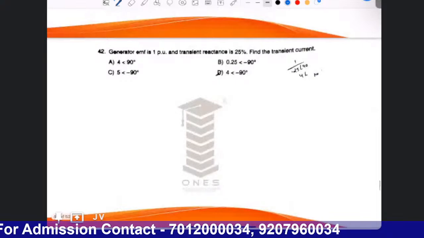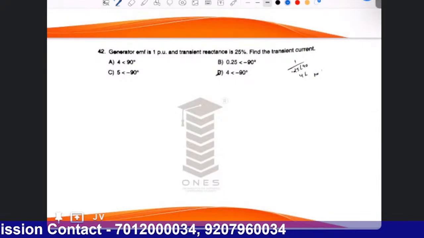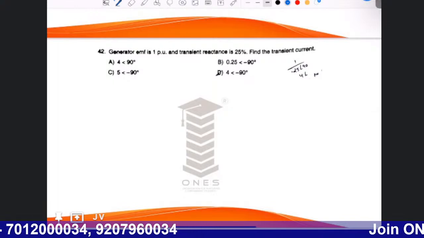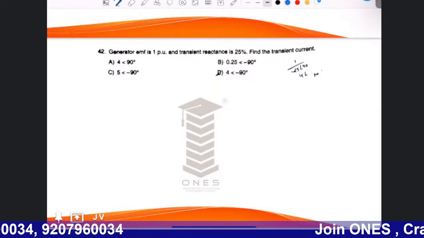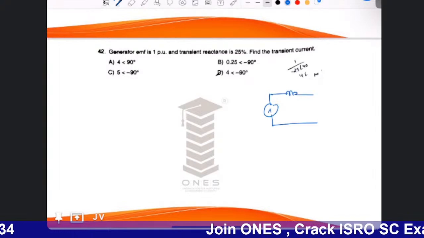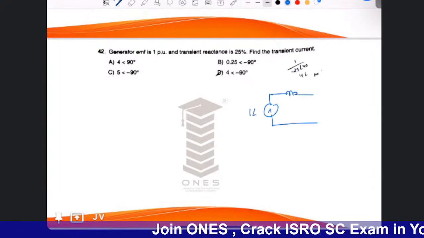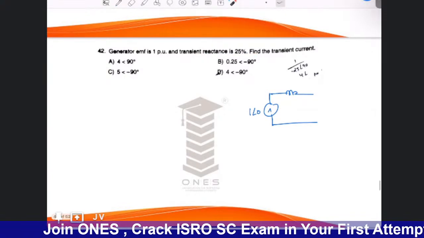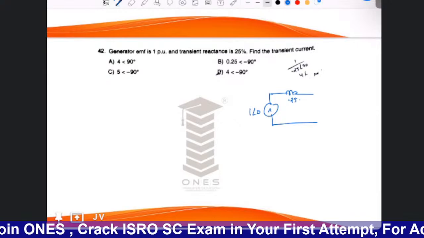42. Generated EMF is 1 pu and transient reactance is 25%. Find the transient current. See, it is 1 pu, 1 angle 0. And transient reactance is 25%, that is 0.25 j.